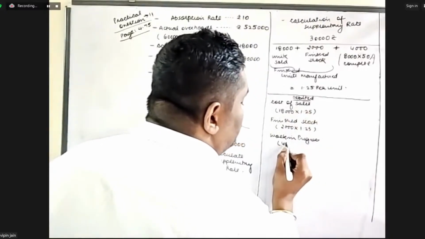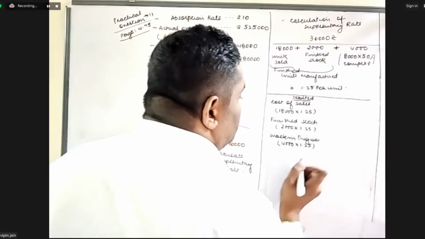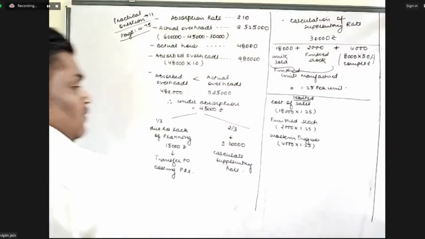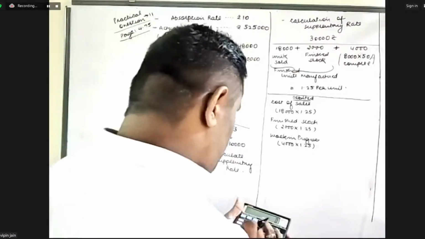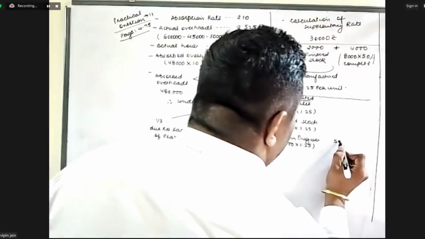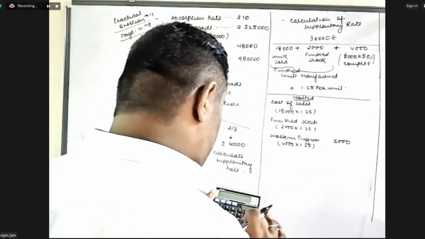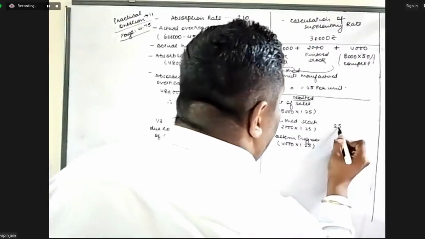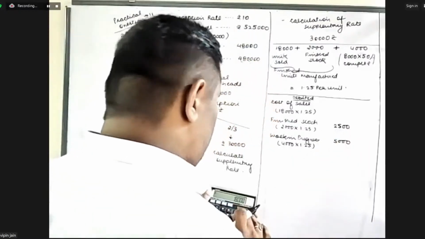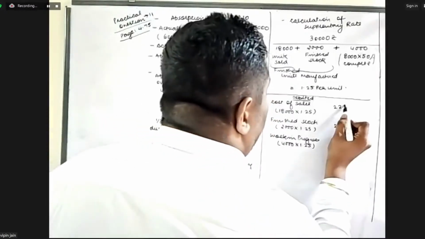Work in progress 4,000 into 1.25. So this will be 5,000. This will be 2,500. This will be 22,500.